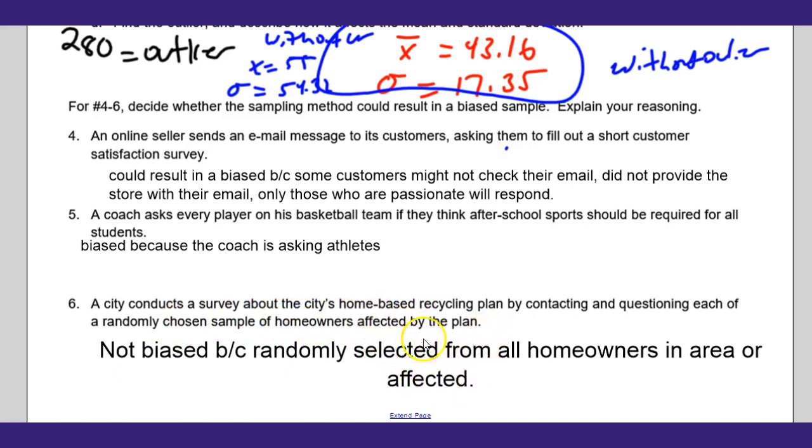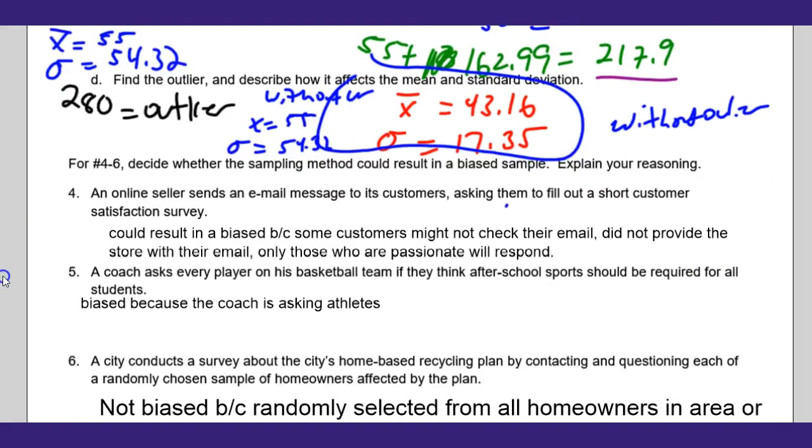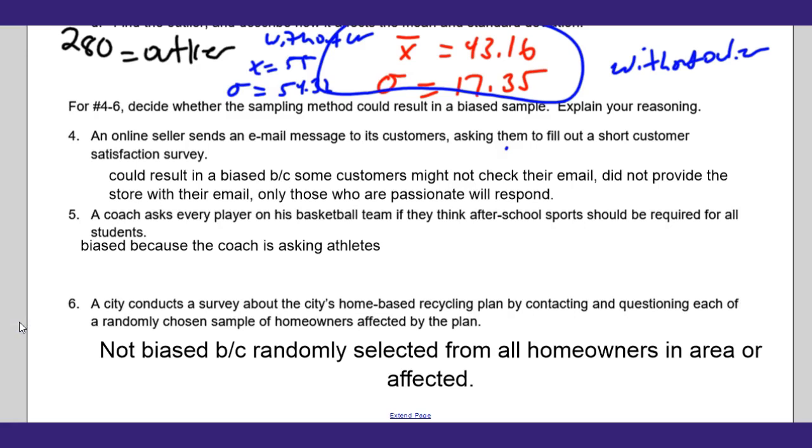So the people that are going to be affected by the plan, they called and asked them. They didn't use the whole population. Remember the earlier question, where we didn't ask every shopper in the store, but we used the 20 consecutive, 20 random shoppers. But right here, you're asking the people that are affected. Does everybody affected by the plan have an opportunity to be represented? Yes. And then they chose a smaller sample size and used that. So that is not biased, okay?